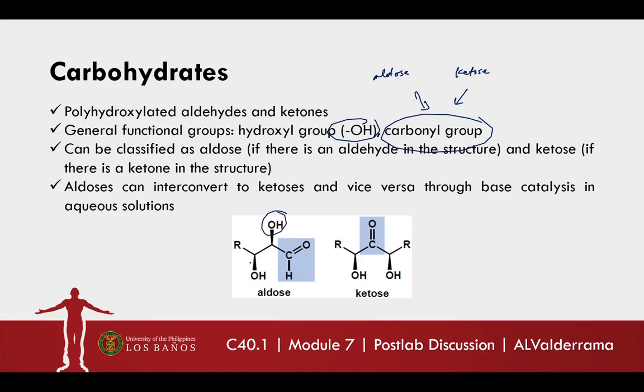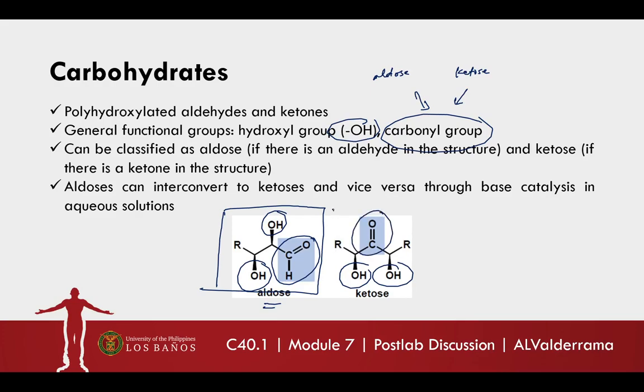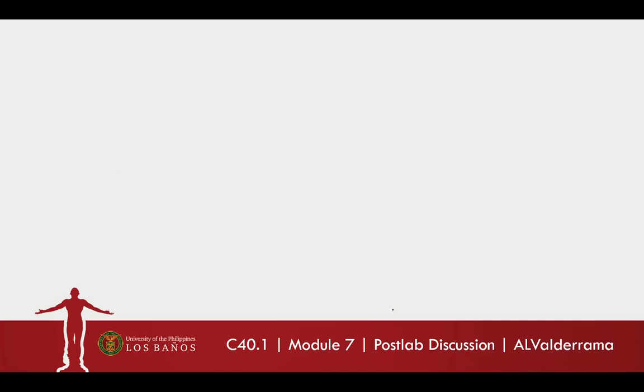So maraming hydroxyl group, then meron kang aldehyde. So basically this whole compound is an aldose. Then ito naman, this makes it a carbohydrate since this is polyhydroxylated. And this has a carbonyl group in the form of ketone. So basically, we can classify this as ketose. Okay?